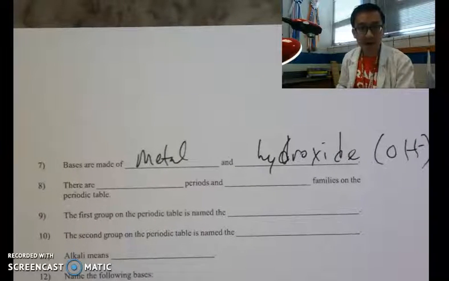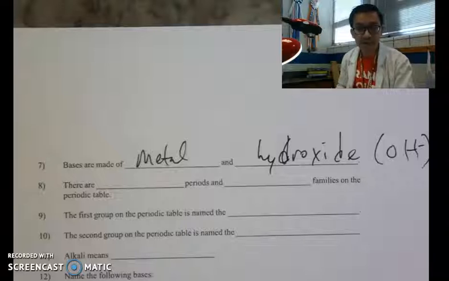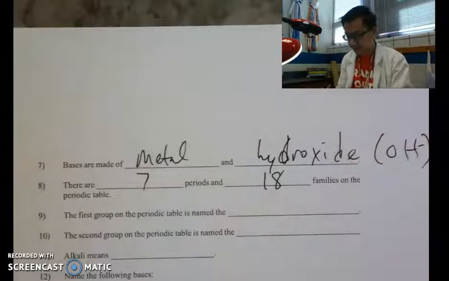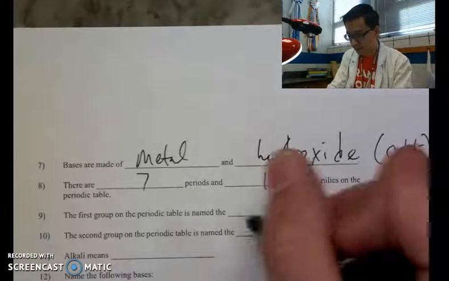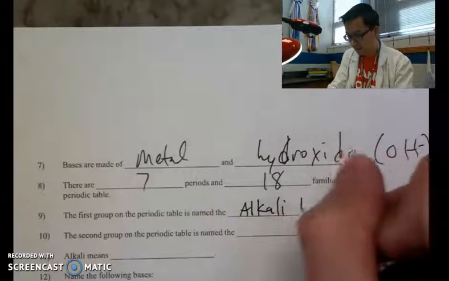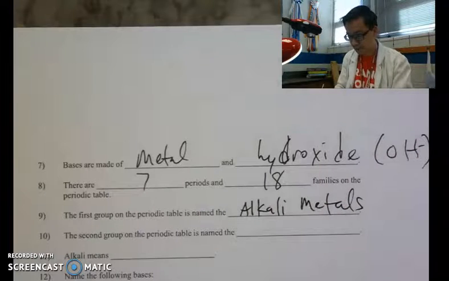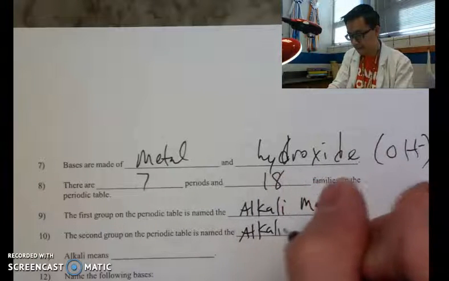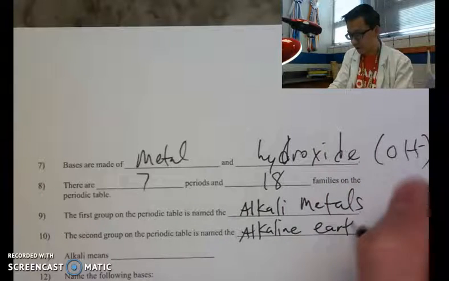These are periods and families on the periodic table. There are 7 periods and 18 families. The first group is called the alkali metals. The second group is called the alkaline earth metals.